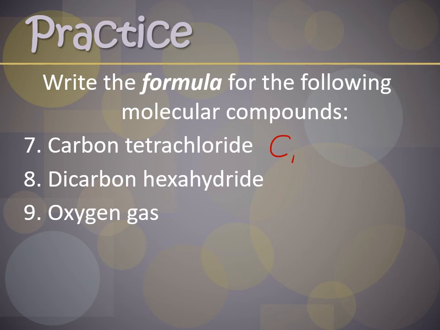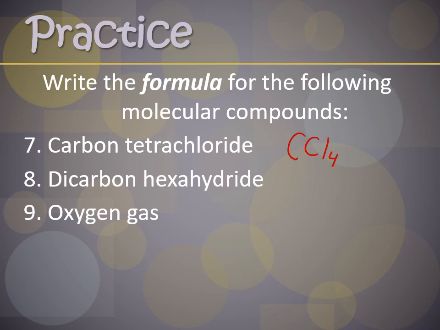Then we have tetrachloride. Tetra means 4. Chloride is chlorine, so that means there are 4 chlorines. Now, I don't have to include the 1 on the carbon, so I'm going to get rid of it. And so this formula becomes CCl4.